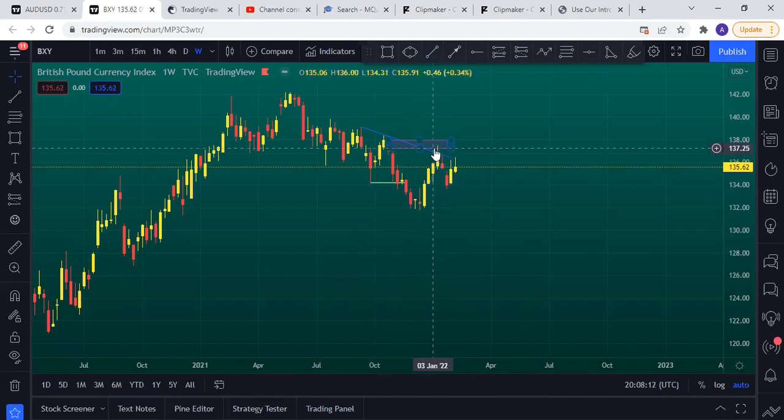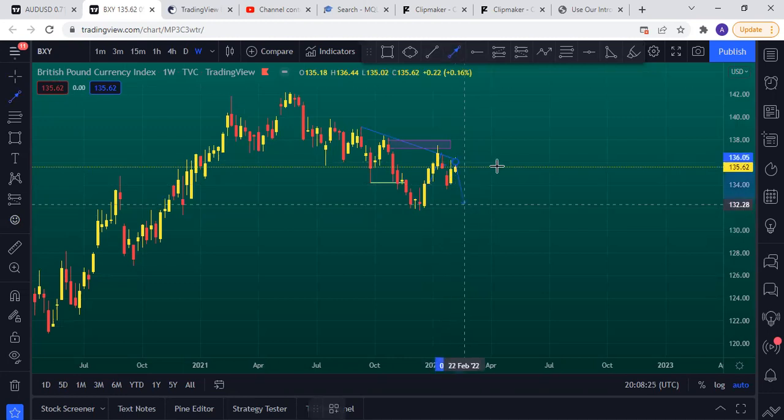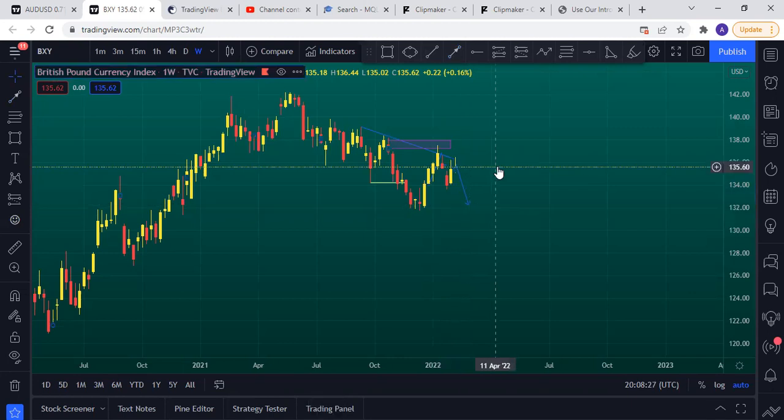What we have now is a retest of this zone on the weekly time frame, and price is currently dropping lower from this other block that was formed as a result of this rejection. So we might be seeing some further bearish momentum on BXY.